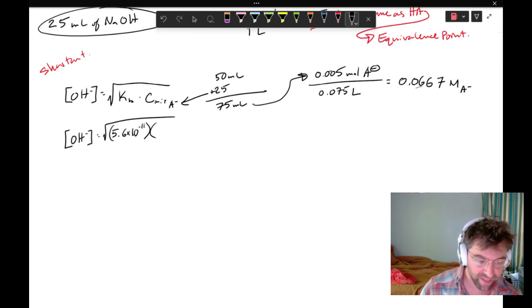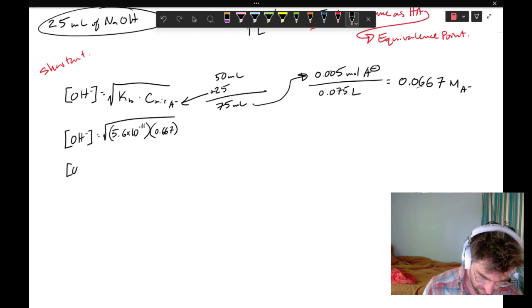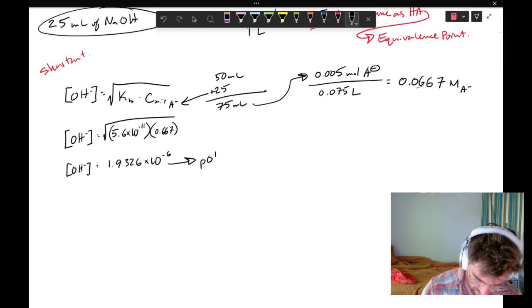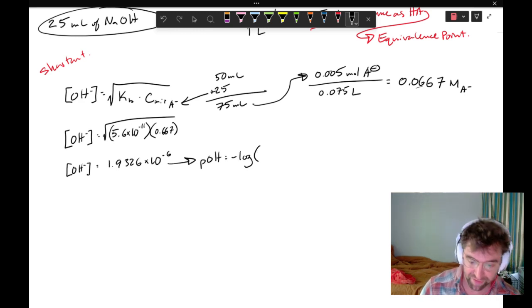The initial concentration, the concentration that we have of that conjugate base, we just calculated, which gives us our concentration of hydroxide at 1.9326, giving myself some extra sig figs there, times 10 to the negative 6. This lets us determine our pOH, right? Equals negative log of that concentration of hydroxide, 1.93 times 10 to the negative 6, gives us 5.71.